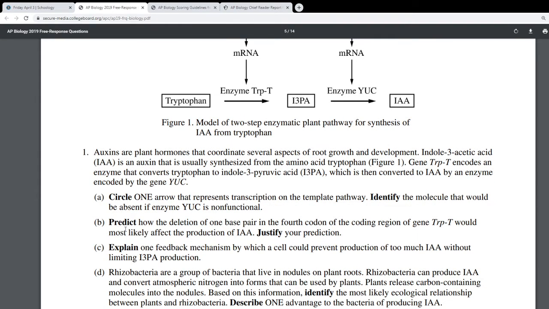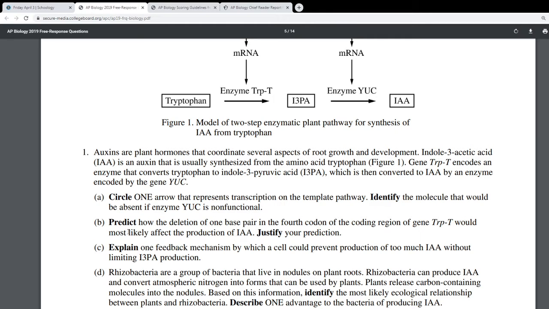Second, predict how the deletion of one base pair in the fourth codon of the coding region of gene tryptophan T would most likely affect the production of IAA.